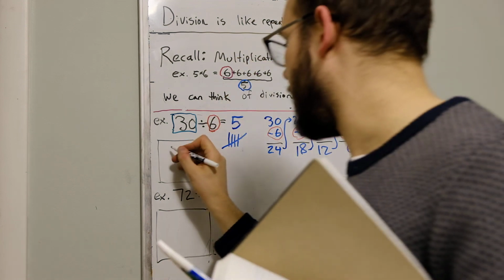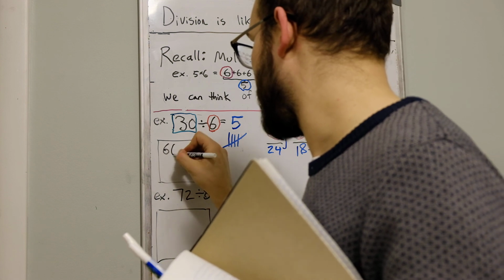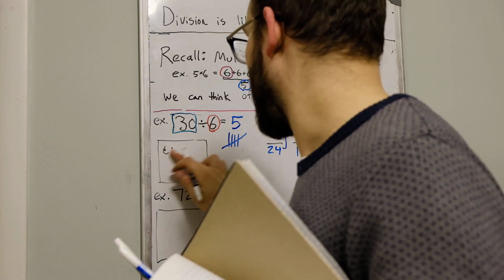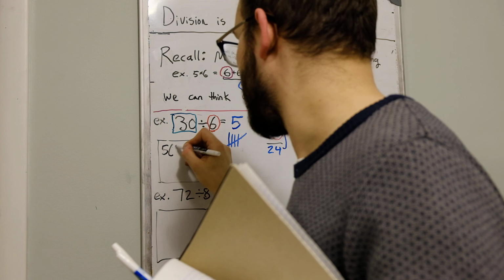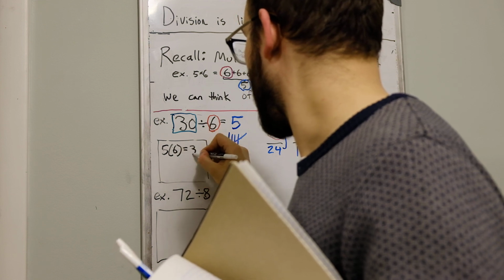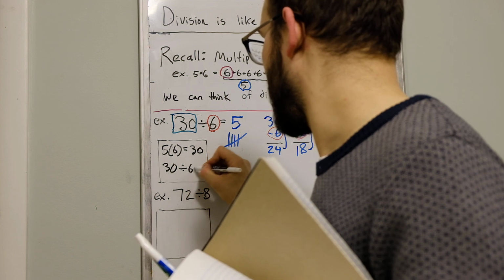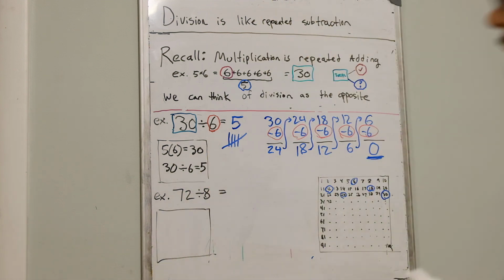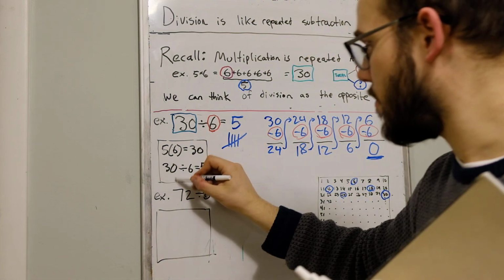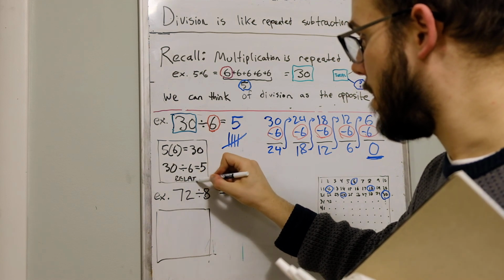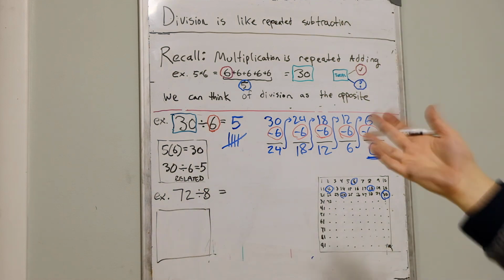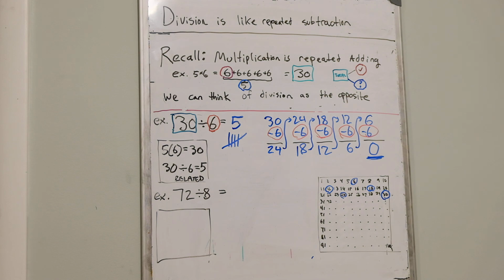We'll write this: 5 times 6 is equal to 30, and so 30 divided by 6 equals 5. So those are related. This is the basics of subtracting with division.